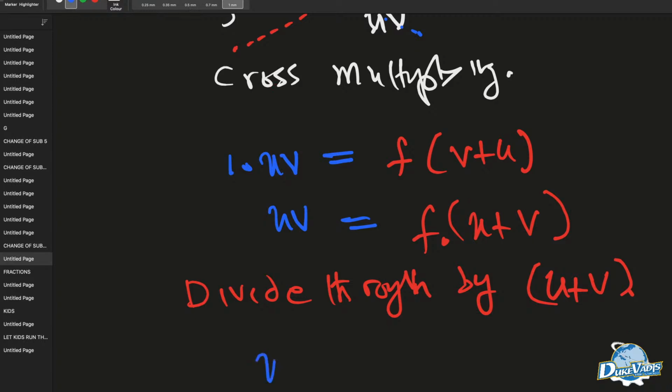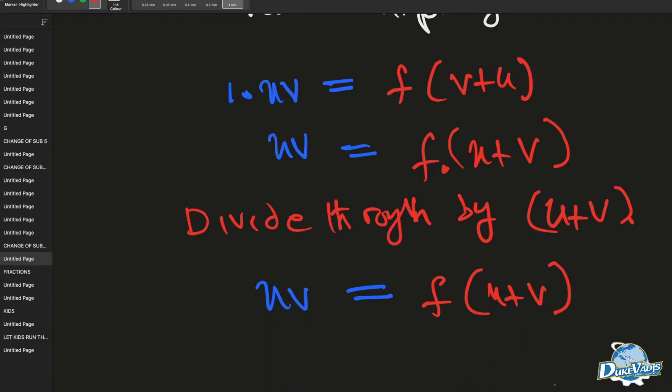So uv is equal to f multiplying u plus v. I'm going to divide here and here by u plus v. So when I divide here by u plus v and here by u plus v, straightforward, we know that this will cancel this.